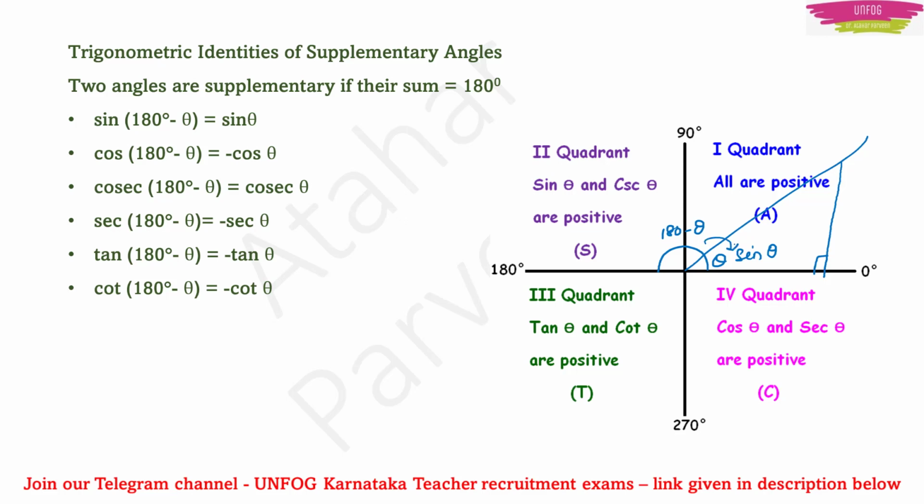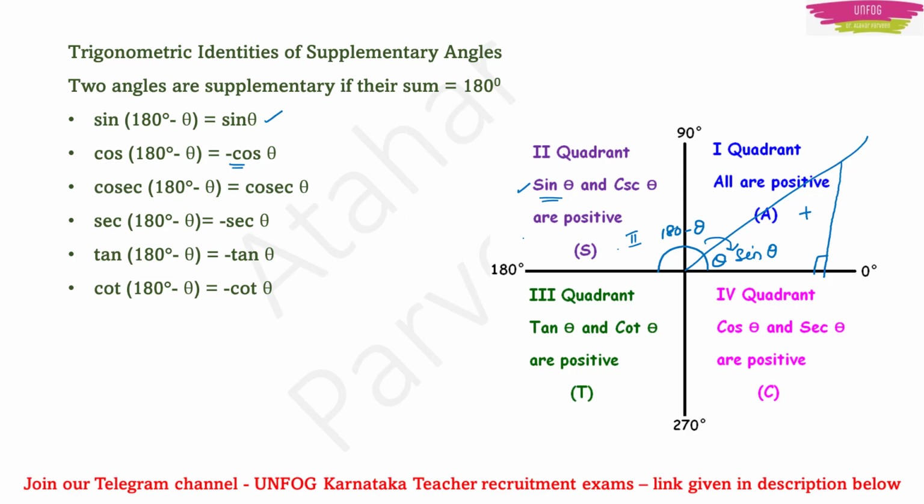Like that only, if you want to talk about cos theta, then you will have a minus sign outside. What is the reason? See, in the first quadrant all are positive, but in the second quadrant only sin theta is positive, and 180 minus theta falls in the second quadrant. So here sin is positive, that's the reason you have sin theta.